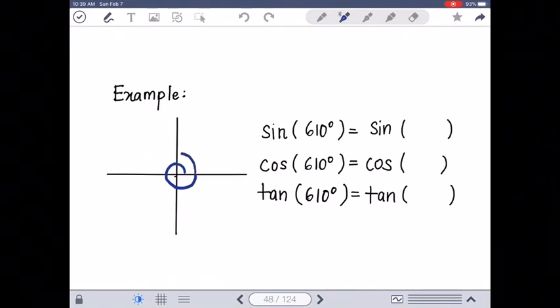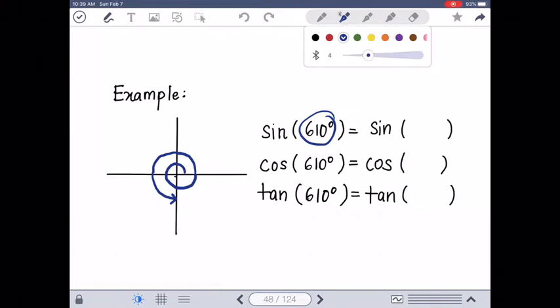This is 450 degrees. Plus 90, 540 degrees. 630 degrees. So 610 shouldn't go that way. It should go slightly left, something like that.